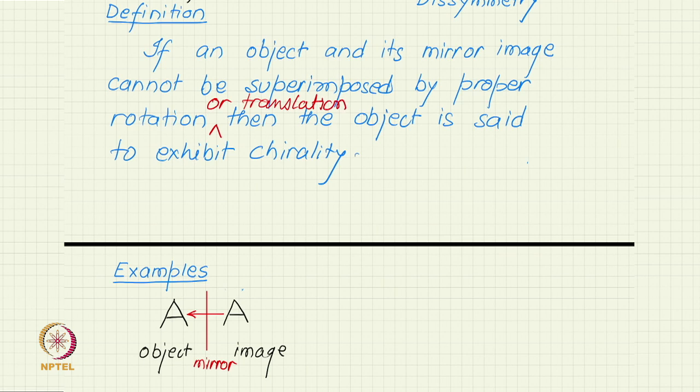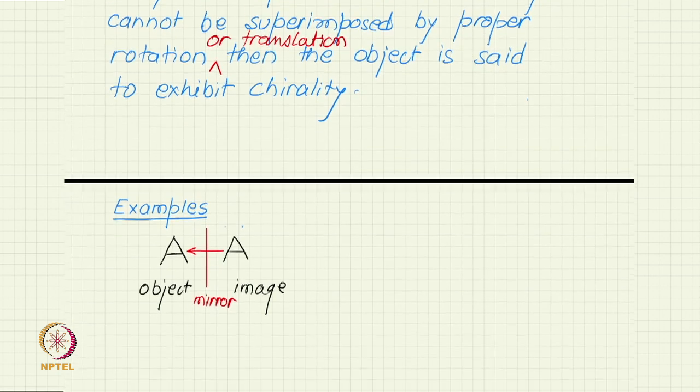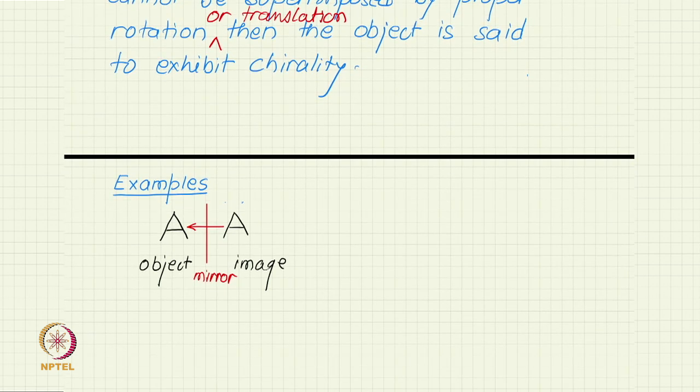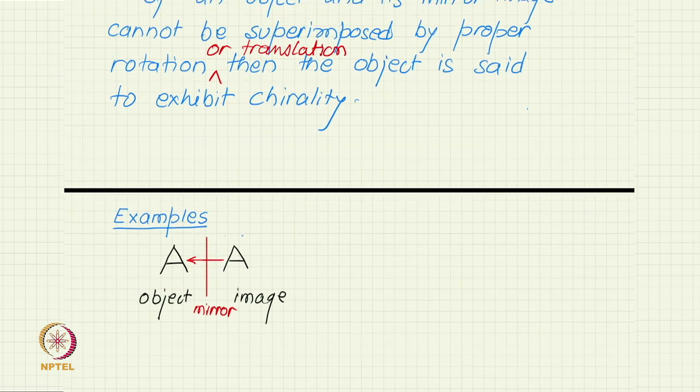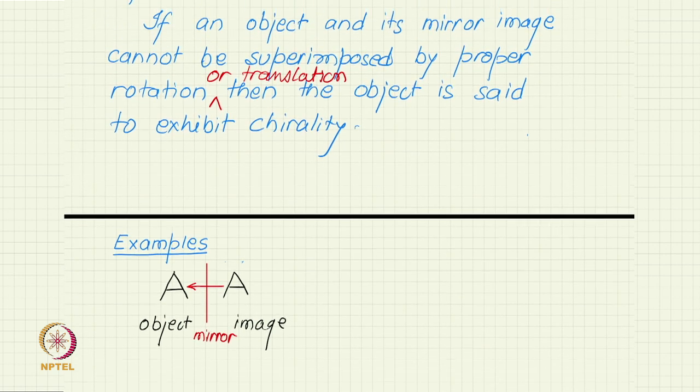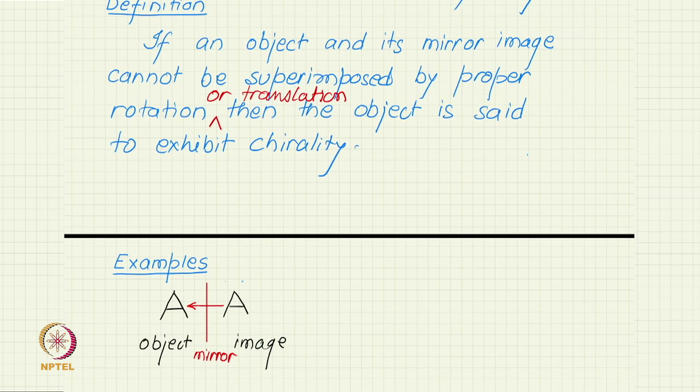Both are type 1 operations. So, essentially any type 1 operation. If an object can be brought into self coincidence with a type 1 operation, in this case it can be brought into self coincidence. For chirality, the requirement was that it cannot be superimposed. So, since in this case it is being superimposed, this is not chiral. Letter A is not chiral, or I can say that this is achiral.